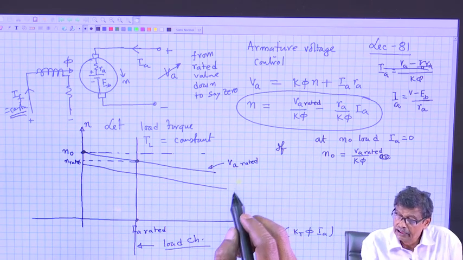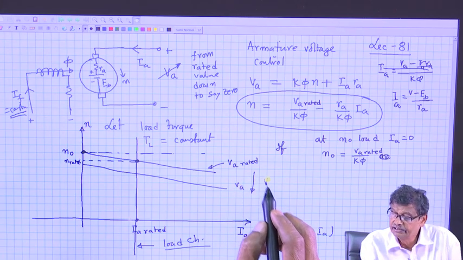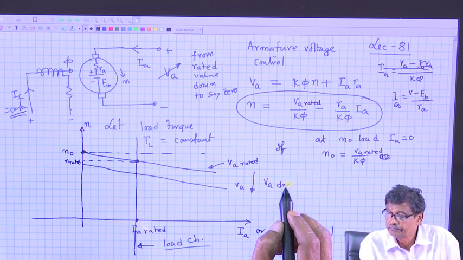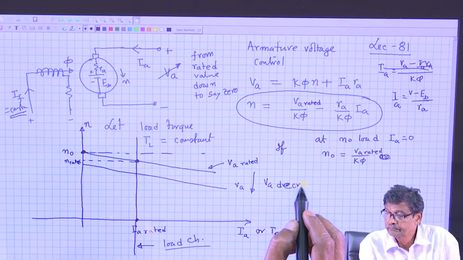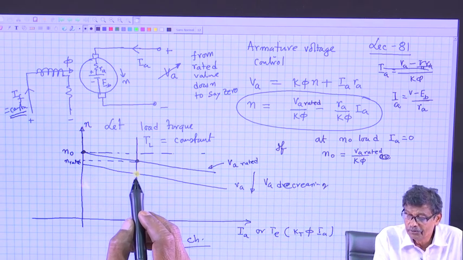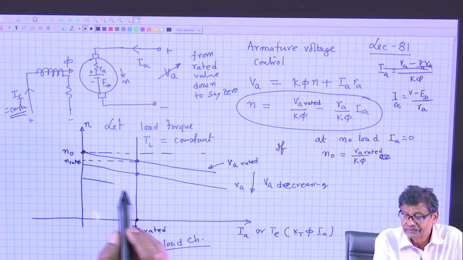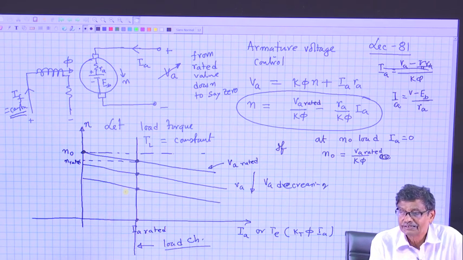So, V A decreasing this way, and the operating point will be at reduced speed here. Further reduce this voltage, it will be like this.